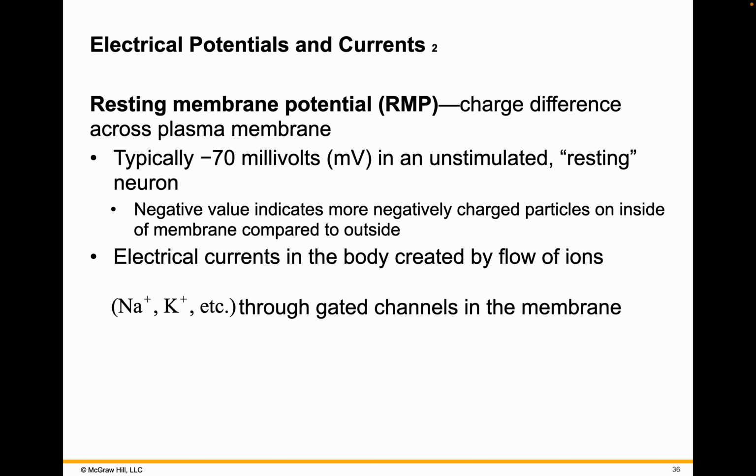It's typically around minus 70 millivolts in an unstimulated or resting neuron. Again, that's negatively charged particles on the inside of the membrane, many of which are proteins, compared to the outside. And then electrical currents in the body are created by the flow of ions, sodium ions, potassium ions, through gated channels in the membrane.